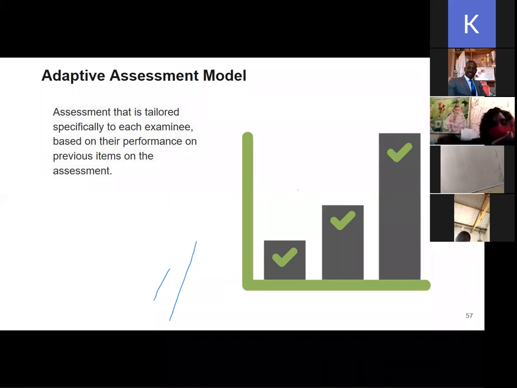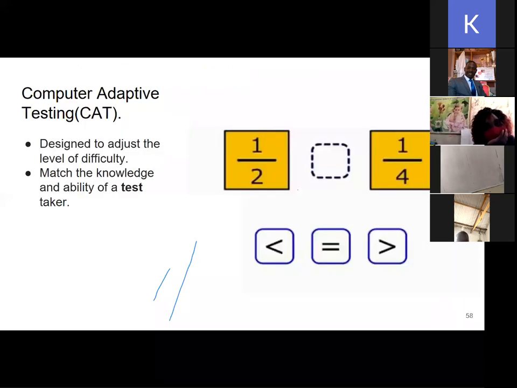A more elaborate example of adaptive testing is what we call computer adaptive testing, CAT. A computer adaptive testing is simply an adaptive assessment that is administered on a computer.